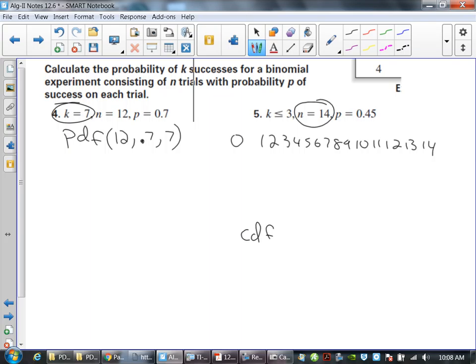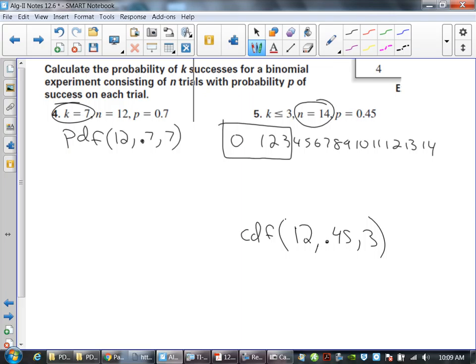CDF is when it's a range of numbers. In this case, I want to be less than or equal to 3, so that's just going to be these numbers. What am I counting up to? 3. So in my CDF, it's still number of trials, p-value 0.45, and in this case, 3.